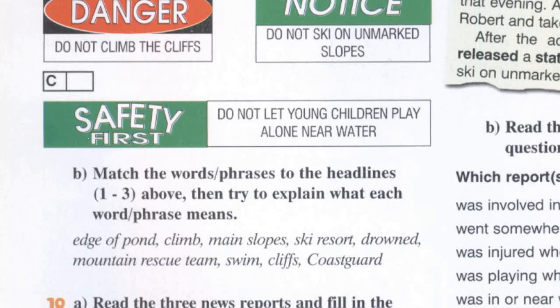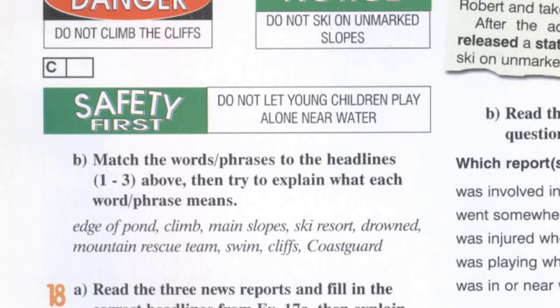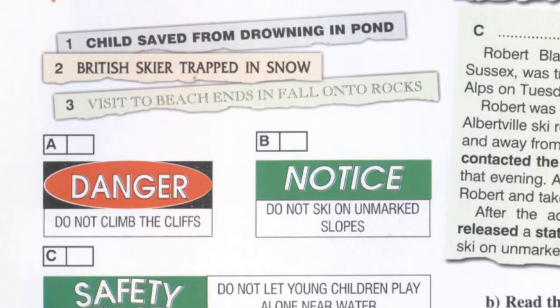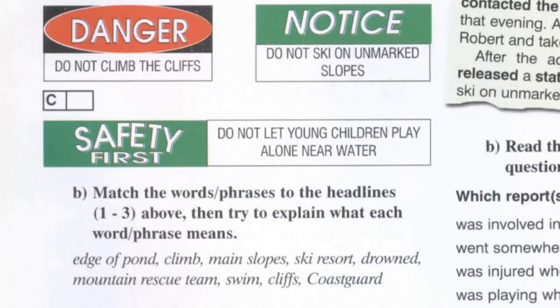Mountain rescue team is about skiing, and swim is about the pond. Cliff and Coast Guard relate to the first one, a fall from a cliff.